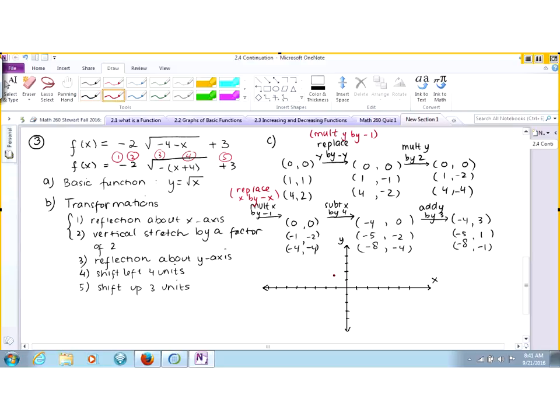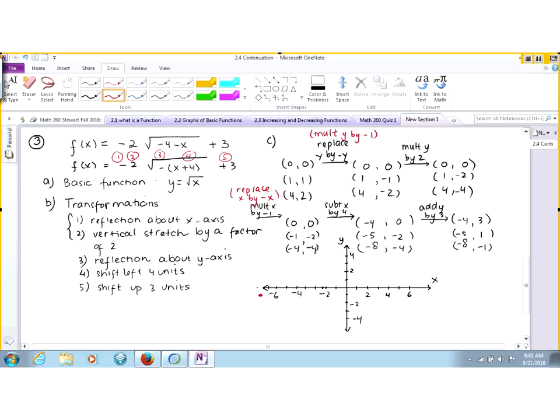All right, let me label this first. 2, 4, 6, -2, -4, -6, 2, 4, -2, -4. Where is this? So -8. Oh, I didn't have -8. Here, -8, comma -1. Sorry, I have to do it here.